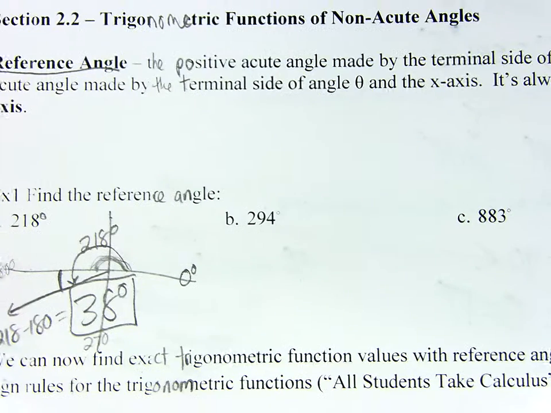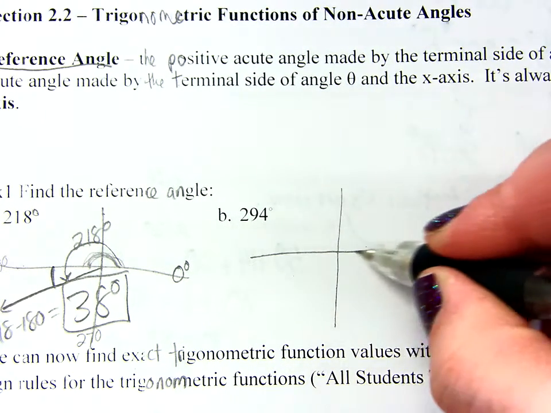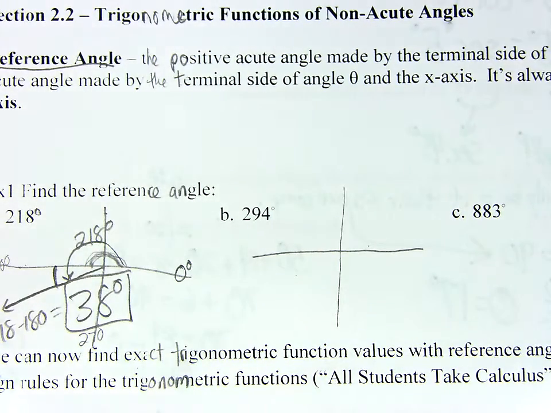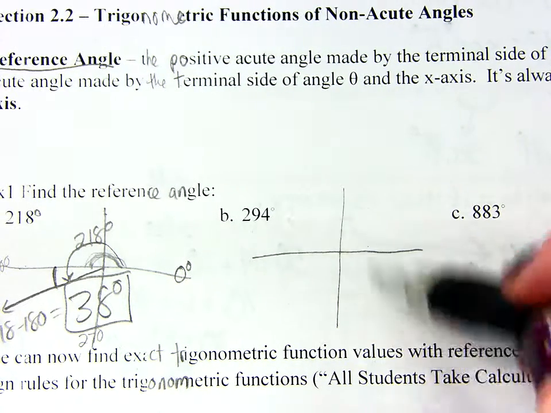Let's try it with 294. So sketch out where you think 294 would land. You always want to draw, well, where would this land? In what quadrant would I be in?